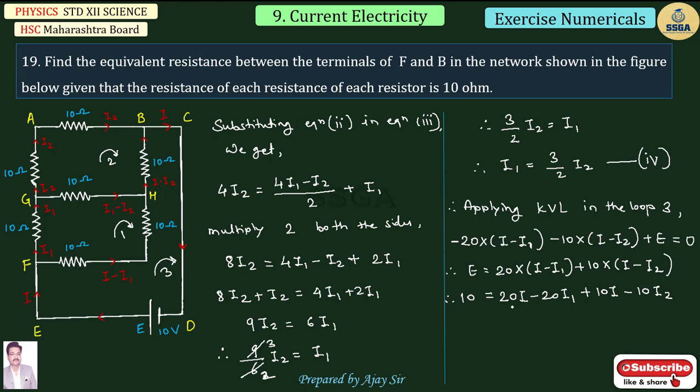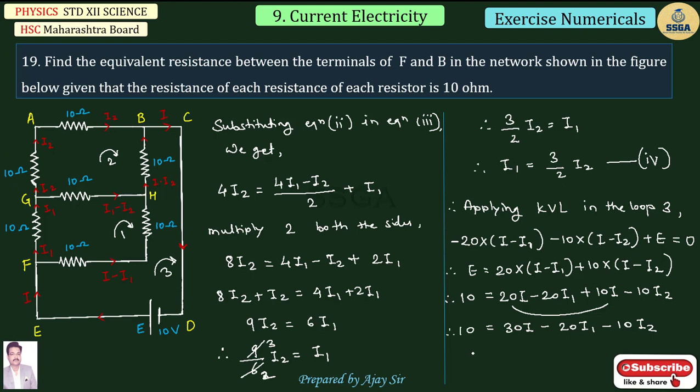Now this is an I term and this is an I term, so both terms will get added. So then this becomes 30 into I minus 20 into I1 minus 10 into I2.